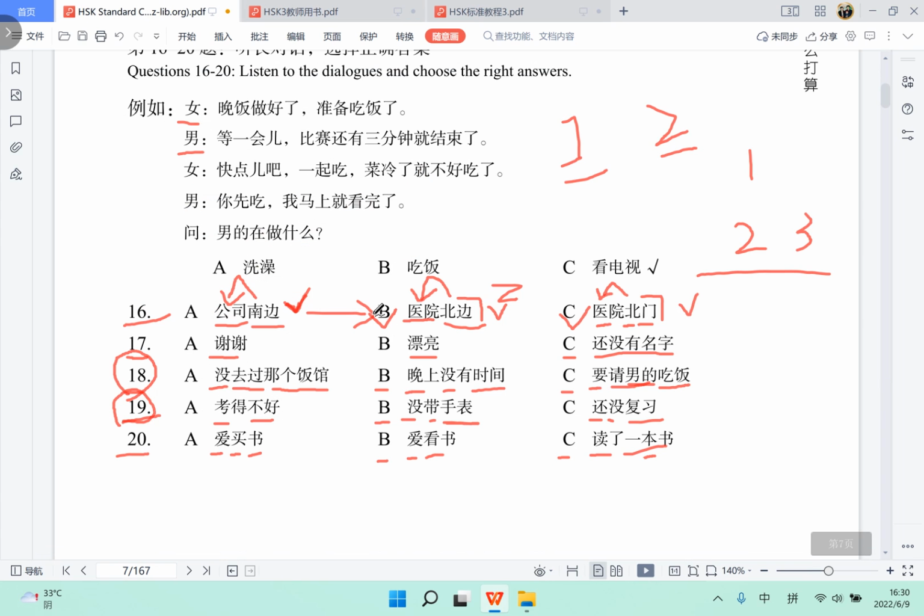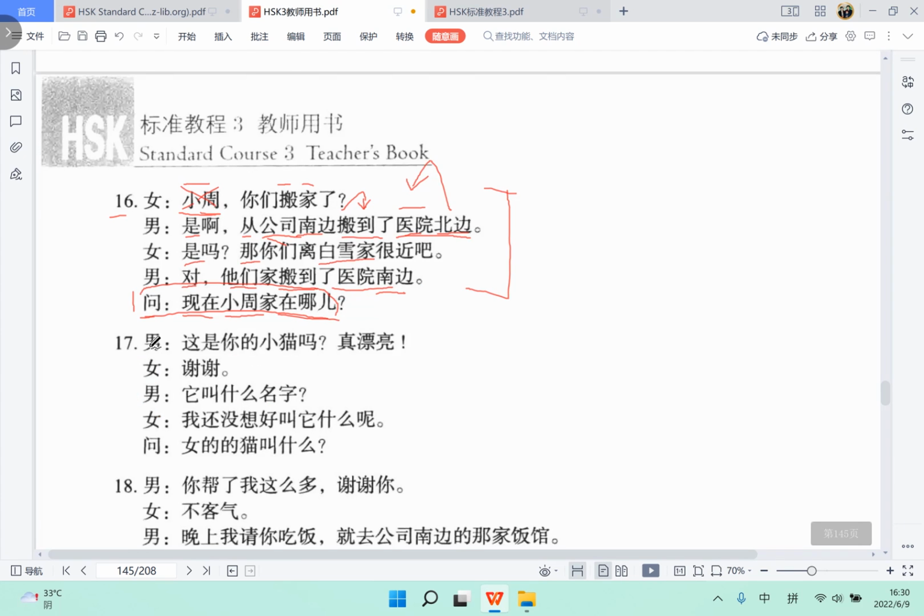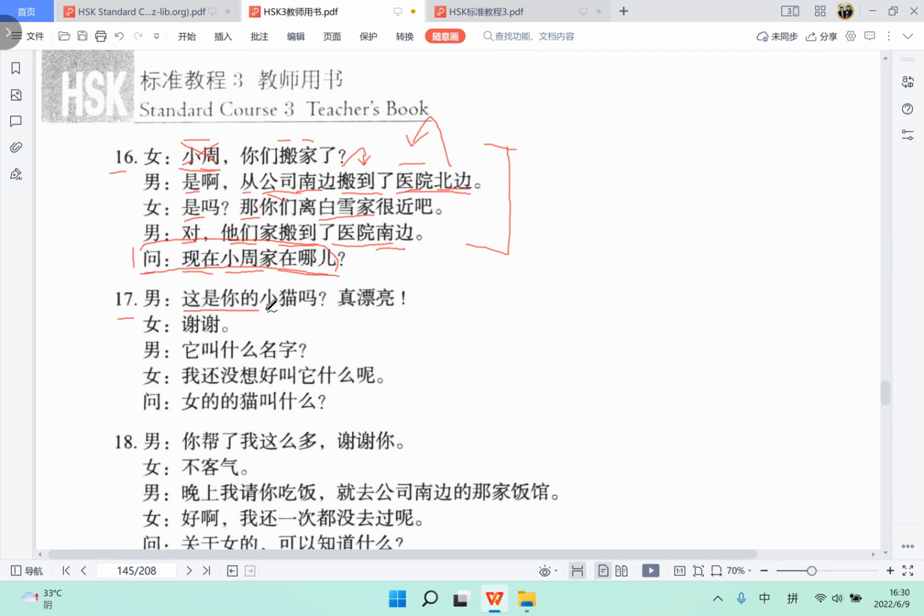Okay, so this one, 小周家在哪儿, so it's moved from the south side of the company to the north side of the hospital, so we choose B here. And number 17, 第17，这是你的小猫吗, is this your little cat? 真漂亮, really beautiful. 谢谢, thank you. 它叫什么名字, what's his name? So you heard the 漂亮, so you can take it first. 它叫什么名字, what's its name? 我还没想好叫它什么呢, so I still haven't thought it through what to call it.